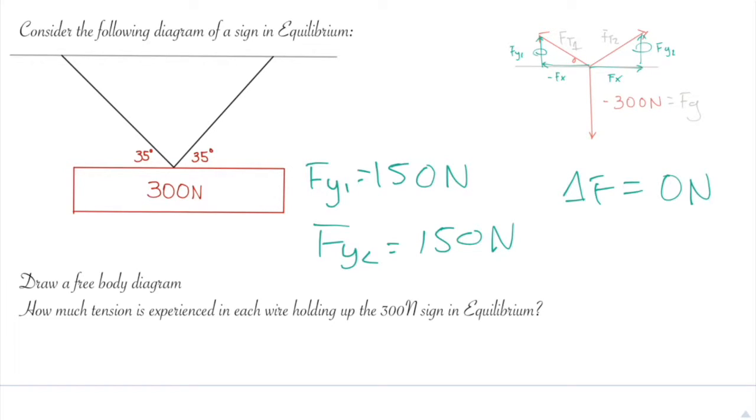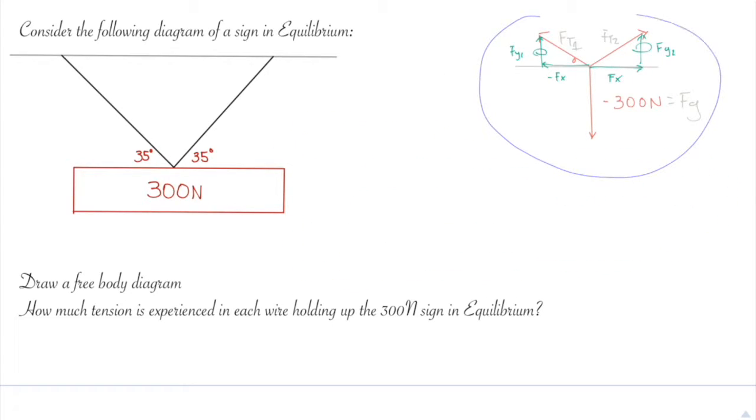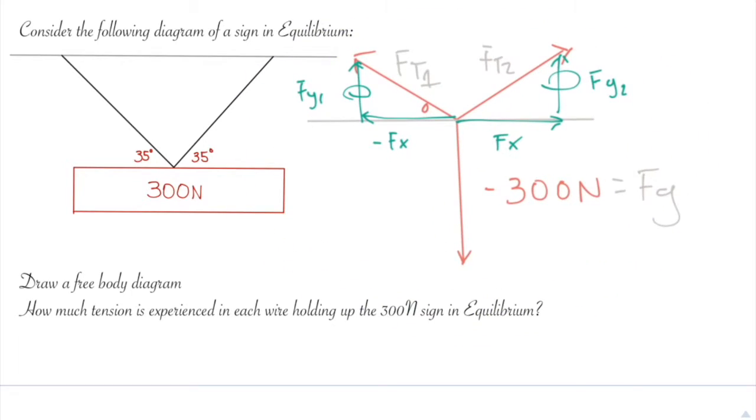Then these opposing forces in the horizontal direction are what cause the net force to equal 0 in the horizontal direction. So now we have another part of the triangle in the free body diagram, and that newly found force is going to allow us to determine the tension force in each of the ropes.